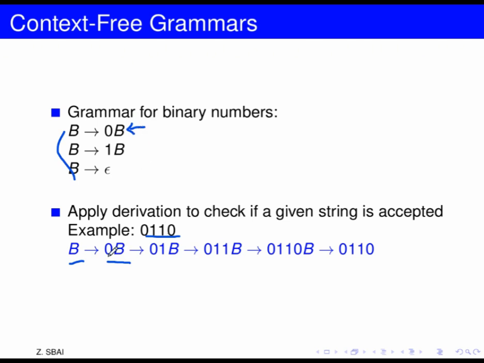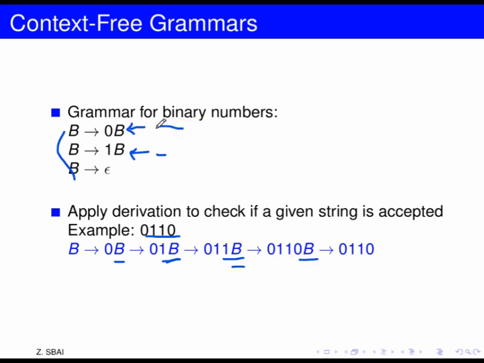After that, we will have a string here of two symbols, 0 and B. We will try again to substitute the symbol B, which appears in the second place, after 0. This B will be changed by 1B according to this rule. Again, we have a B here that will be changed by 1B according to the same rule. And for the last B here, it will be changed by 0B.